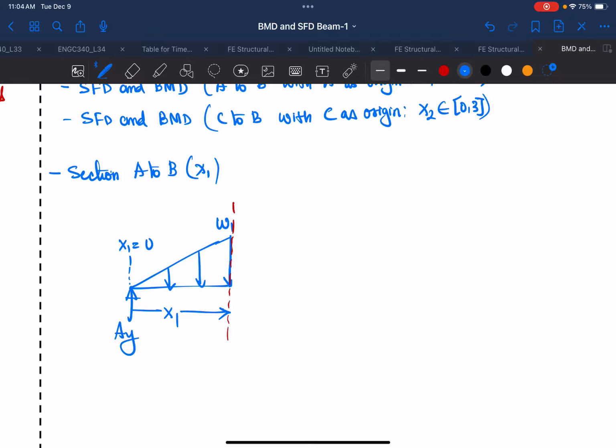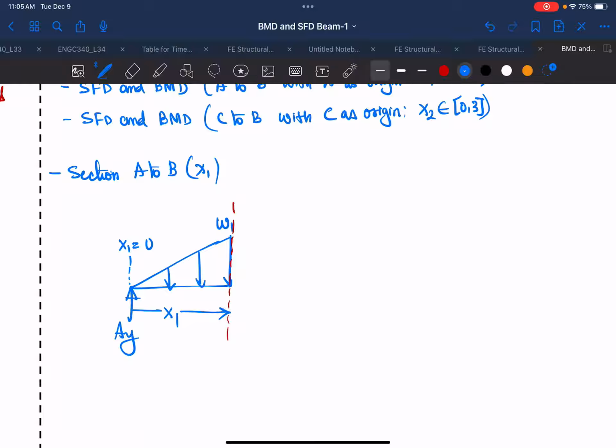Now we need to include the direction of the moment and shear force, because when you cut a section in a beam, there will be internal reactions: shear force, bending moment, and axial force. But because there is no axial load in this beam, we ignore the axial reaction. We'll put only the shear force and the bending moment.